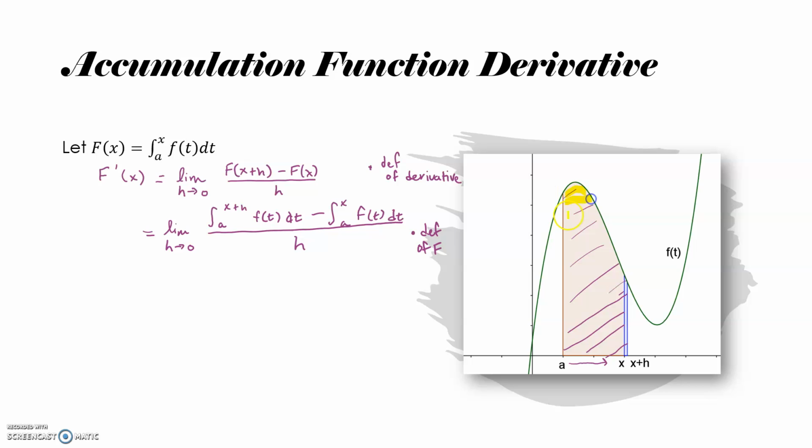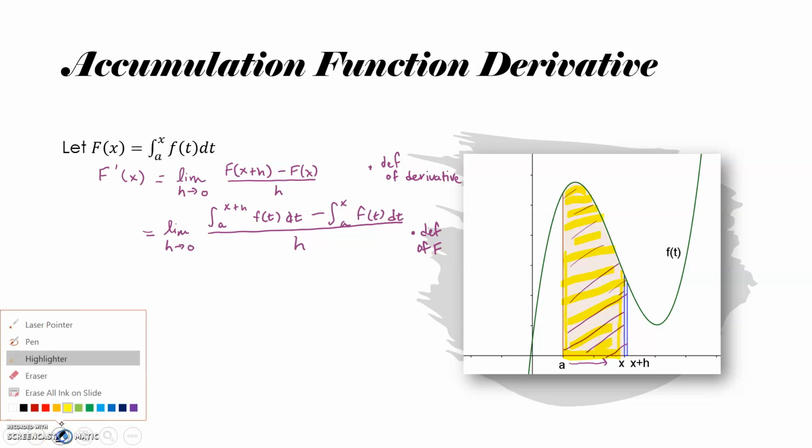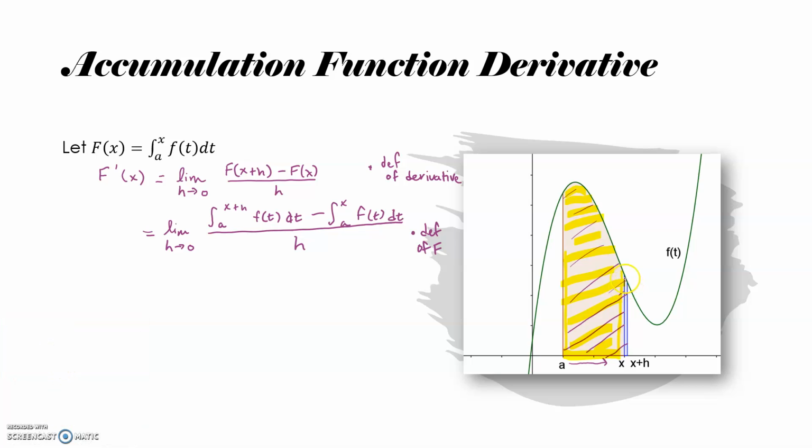So we're going to take that whole big area and we're going to take away this bit. And we're left with just this skinny little sliver. And not only is it a skinny little sliver, but it is infinitely skinny because we have the limit as h goes to 0.